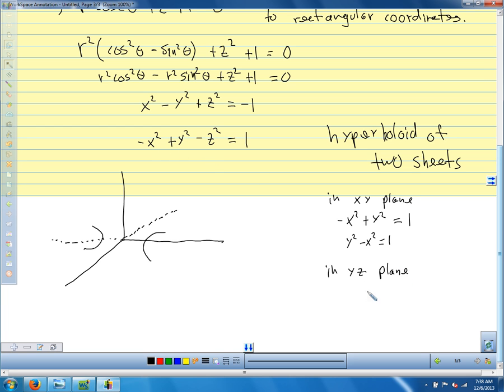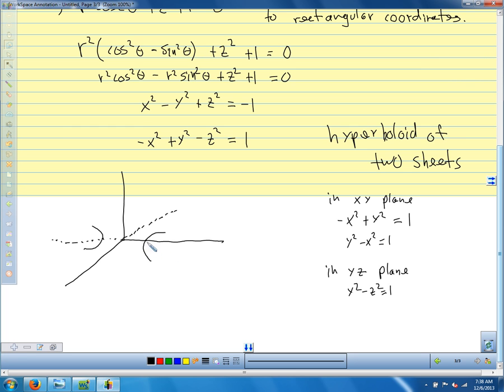And then in the yz plane, when x is 0, I have y squared minus z squared equals 1. So that gives me a hyperbola in the yz plane, and its axis is the y-axis again.